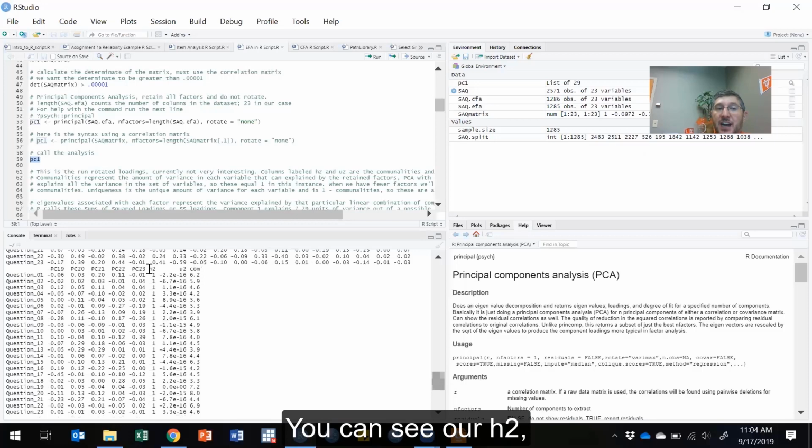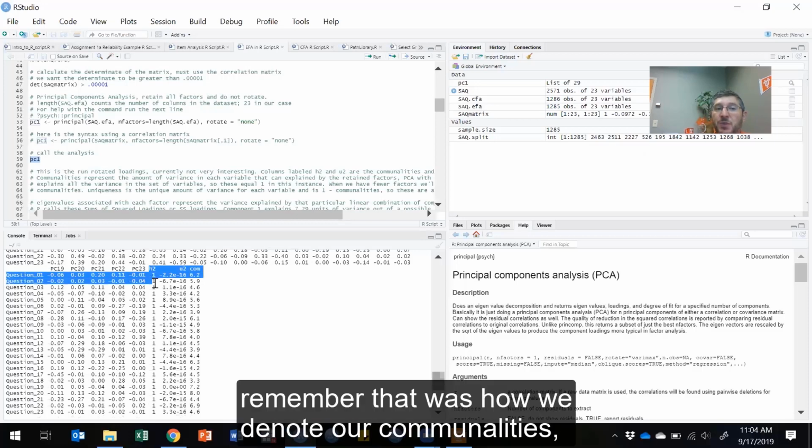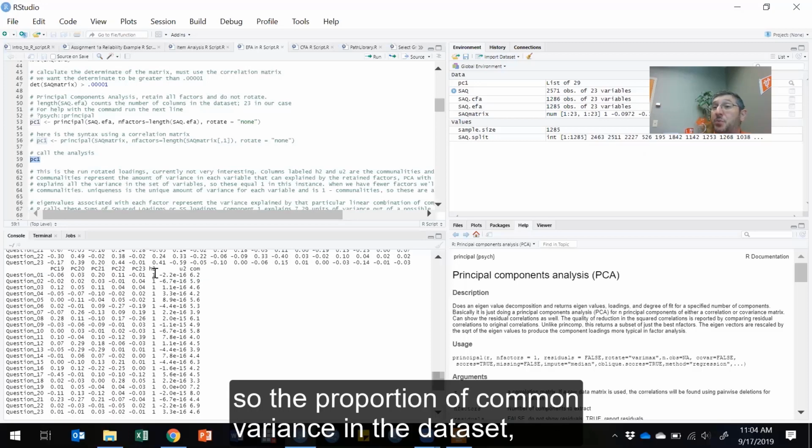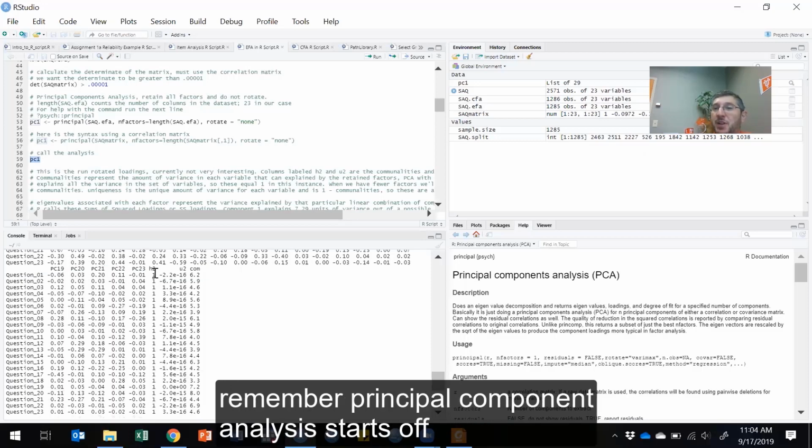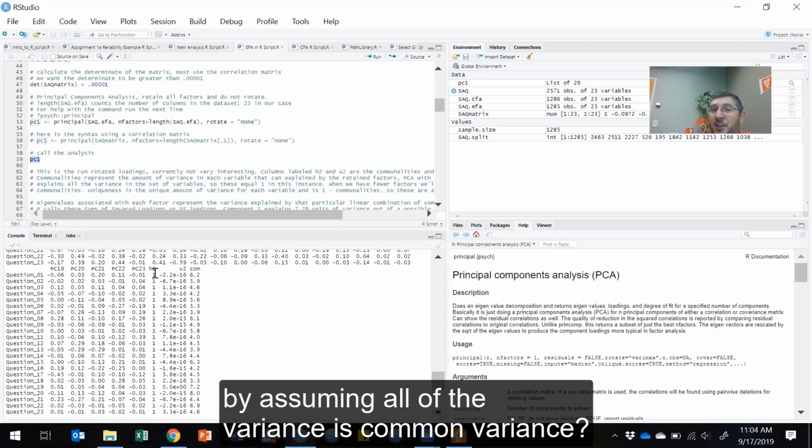You can see our H2, remember that was how we denote our communality, so the proportion of common variance in the data set. Remember, principal component analysis starts off by assuming all of the variance is common variance.